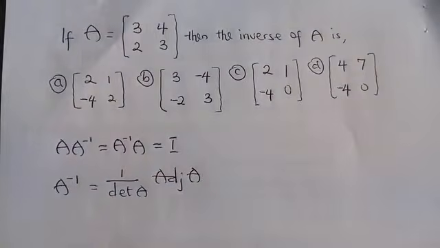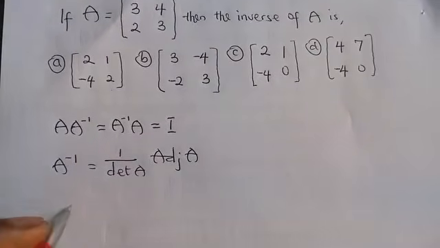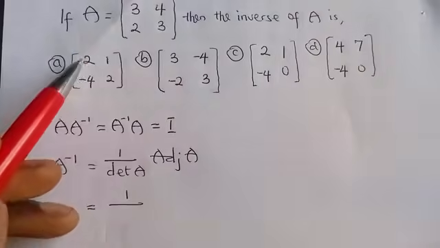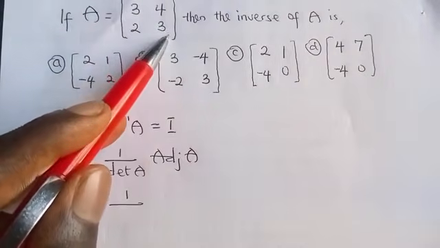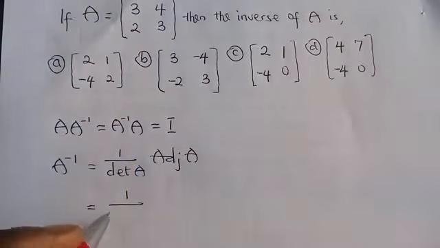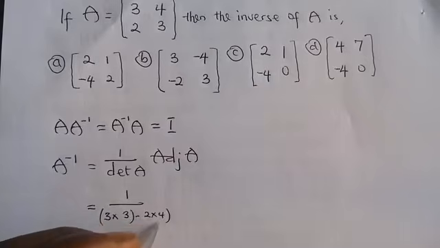So in this case, 1 over det A multiplied by adjoint of A. So finding the determinant of the above matrix, we are going to have the inverse equal to 1 over, the determinant here is going to be 3 multiplied by 3 minus 2 multiplied by 4. That is 3 times 3 minus 2 times 4.